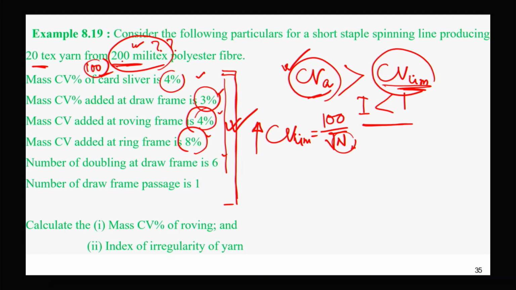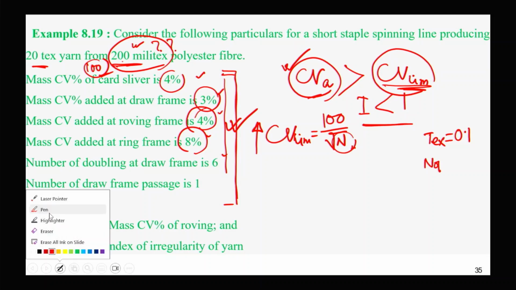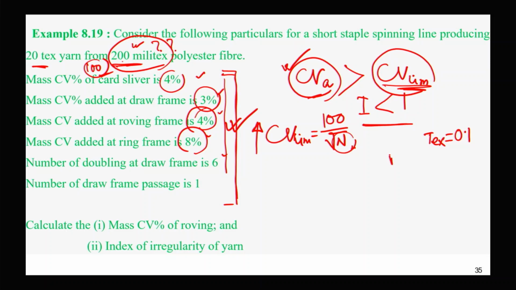So for a 100 millitex fiber, the tex of the fiber would be 0.1, and the number of fibers n in the yarn will be 20 by 0.1, so it will be 200.